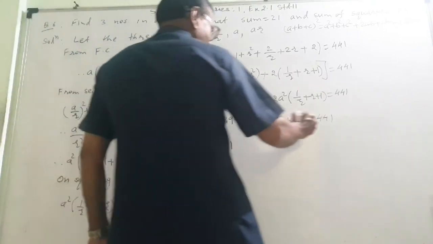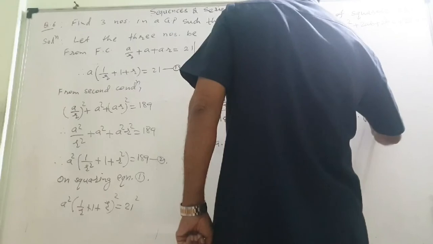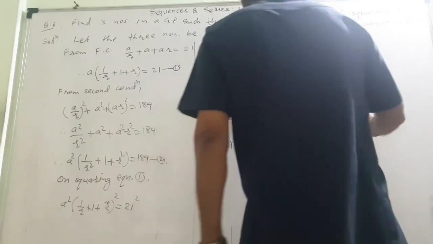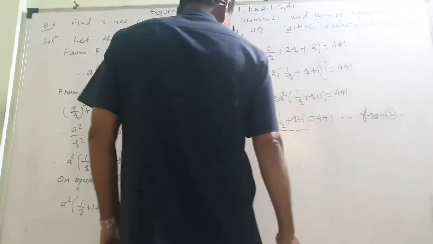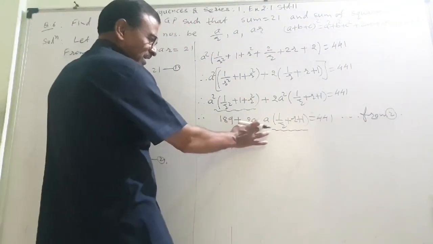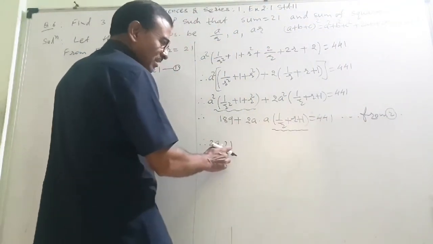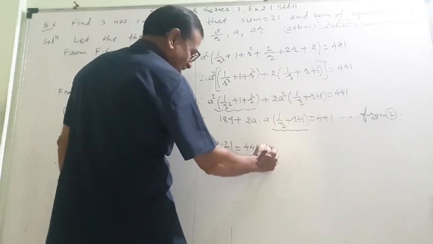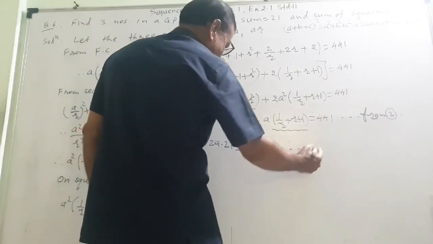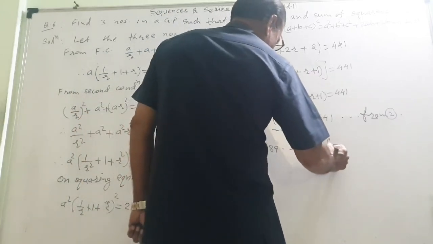Here I will write from 2. 2a into this 21 is equal to 441 minus 189. Here I will write from 1.